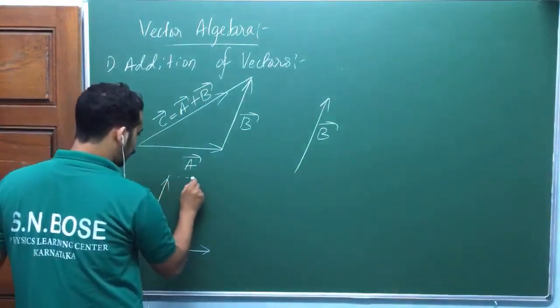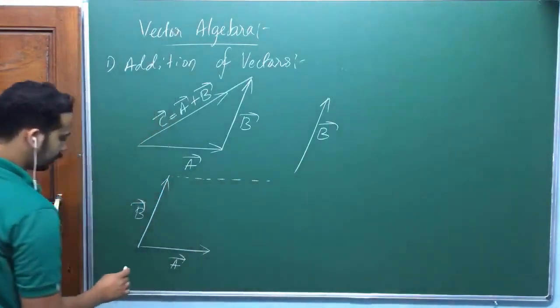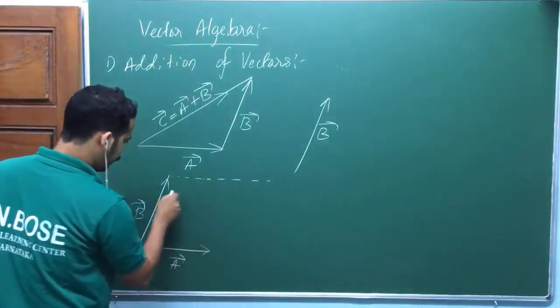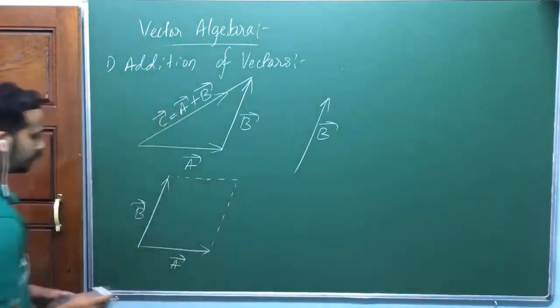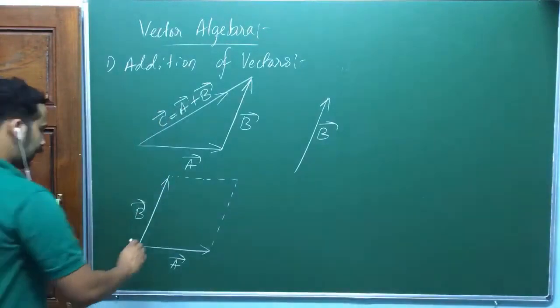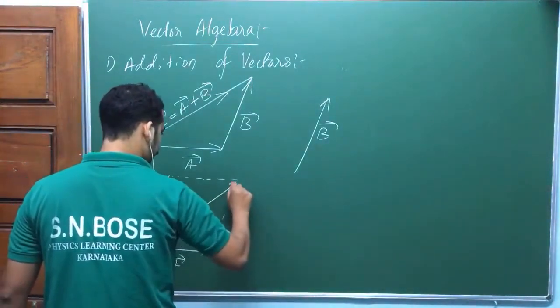Just extend this and draw a parallelogram here. Is that okay? Then the diagonal of the parallelogram is the resultant.